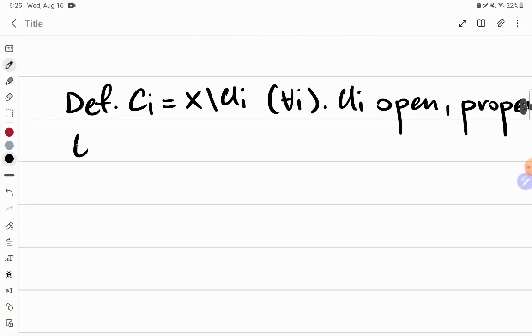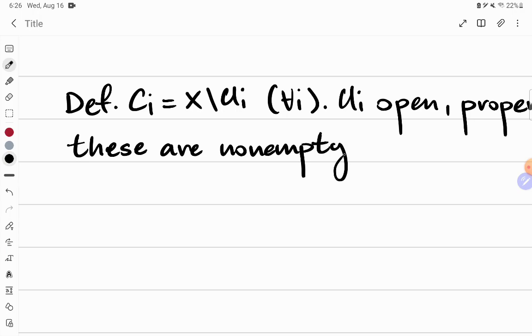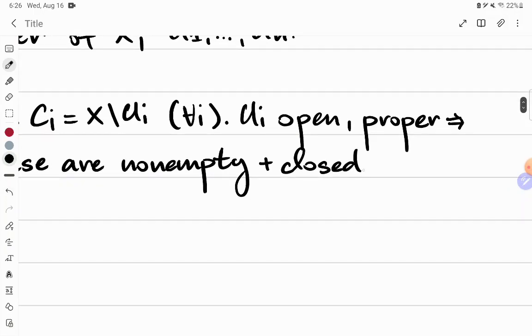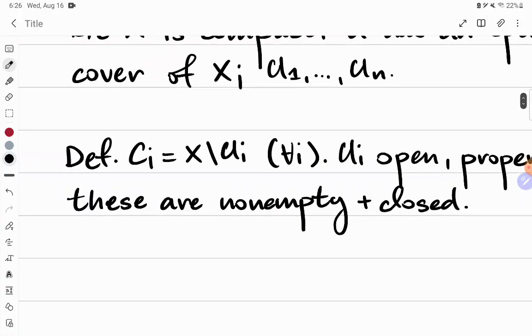So non-empty plus closed. Okay. So now we have these open sets and we have their complements, which are non-empty and closed.